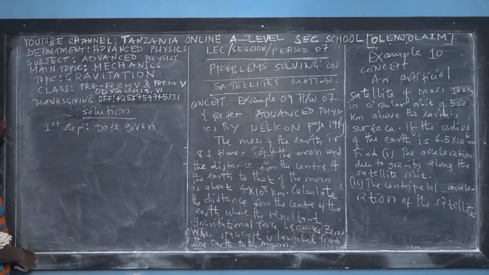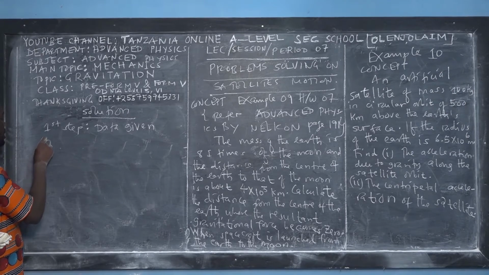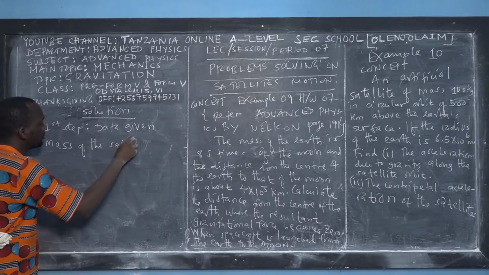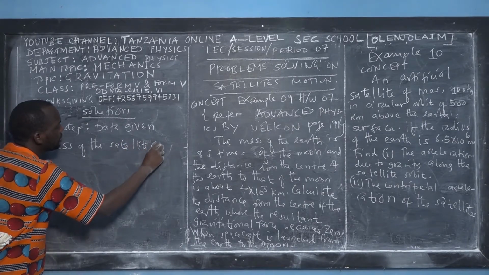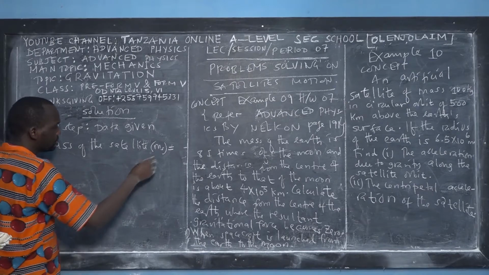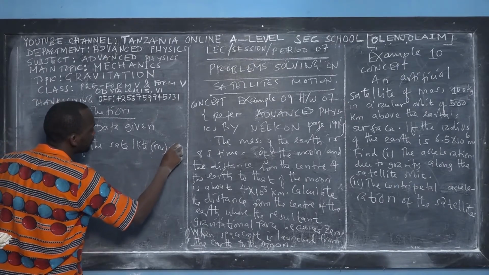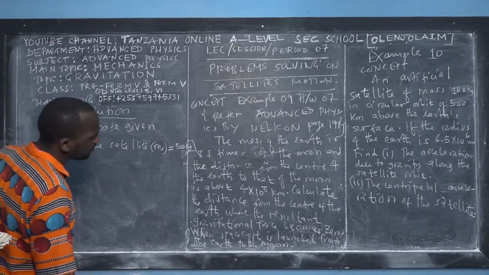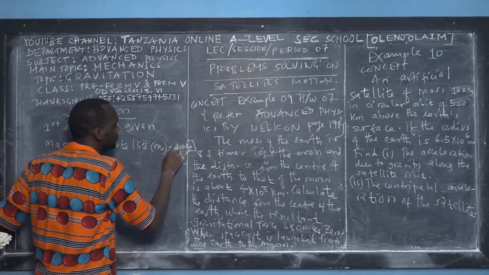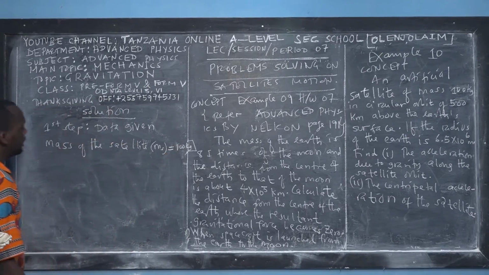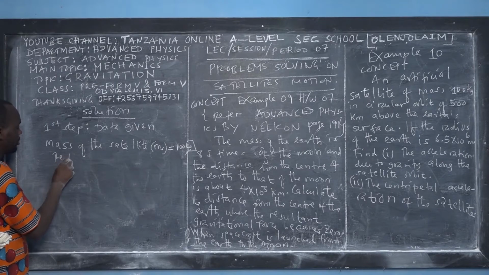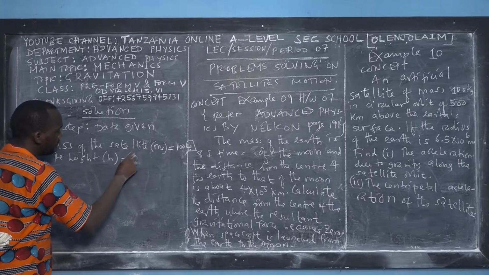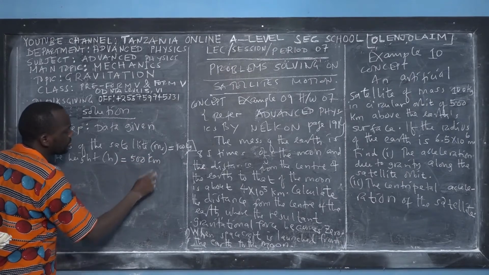The data given is, number 1, the mass of the satellite, let's say ms, equal to 100 kilograms. Then the height h of the satellite from the Earth's surface is 500 kilometers.